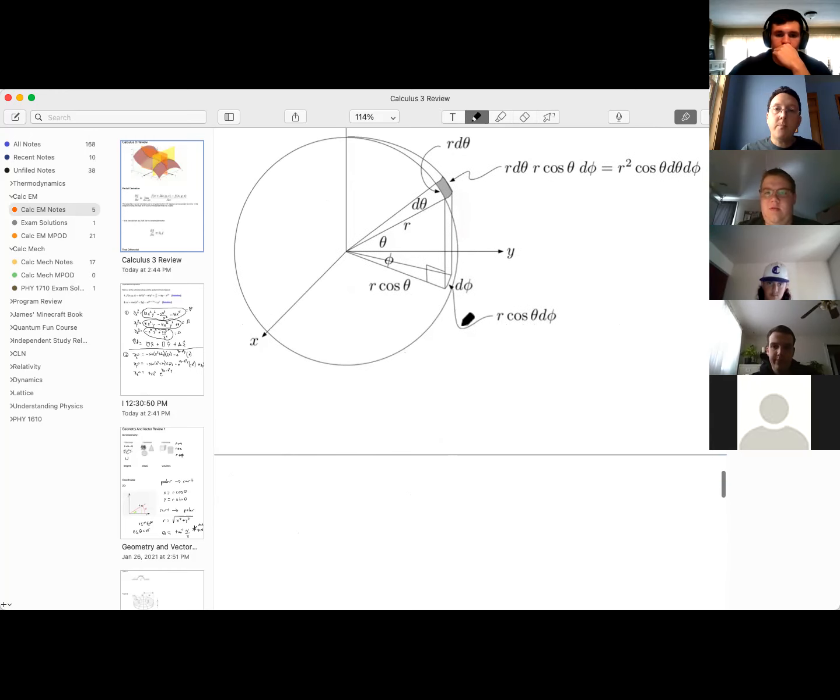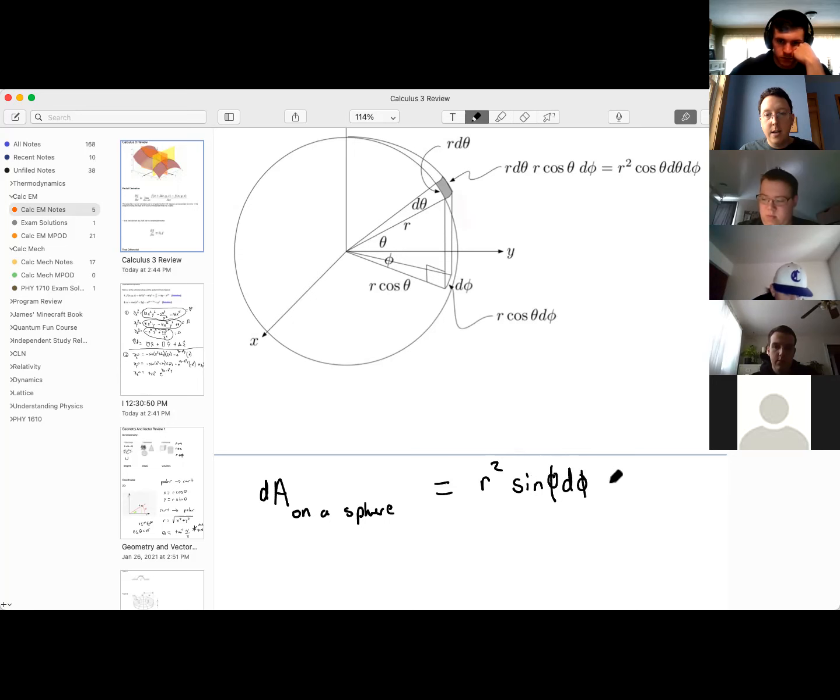Okay. So here's the thing. If you have a surface area, dA, on a sphere, it equals r squared sine phi d phi times d theta, where theta is the azimuthal angle and phi is the polar angle.